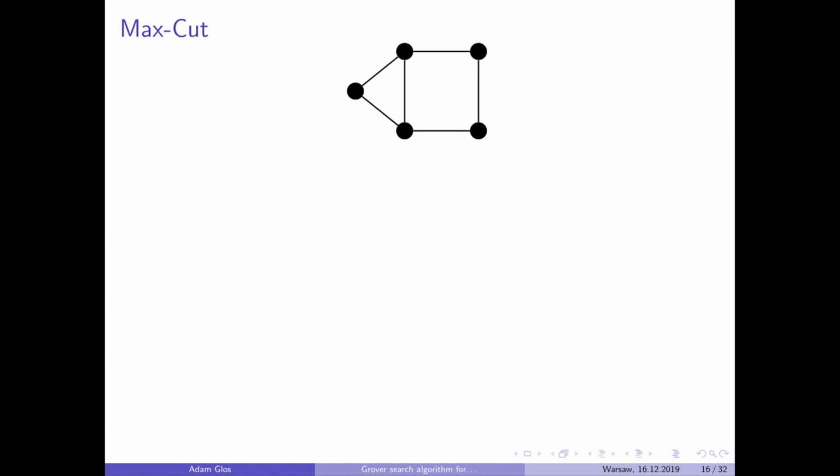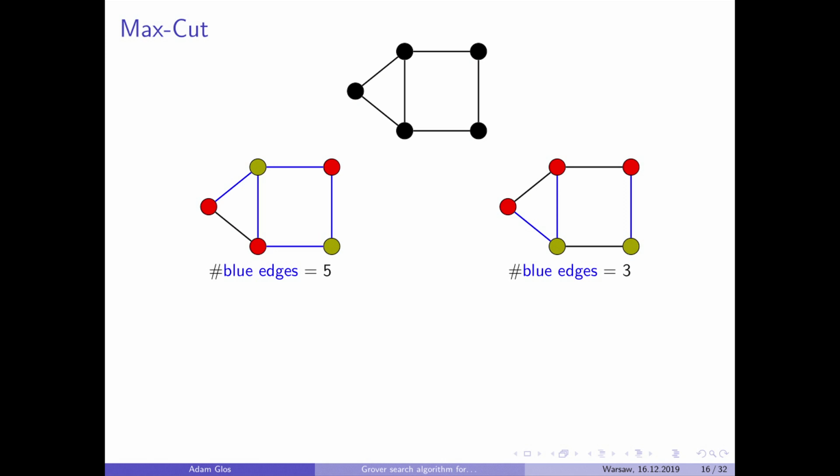Okay, so what is the max-cut problem? Suppose we have a graph, and we have two partitions of the vertices. We just color them into two colors. Here it is, I guess, red and let's say brown. Okay, and what we should do is count the edges that connect vertices with different colors.